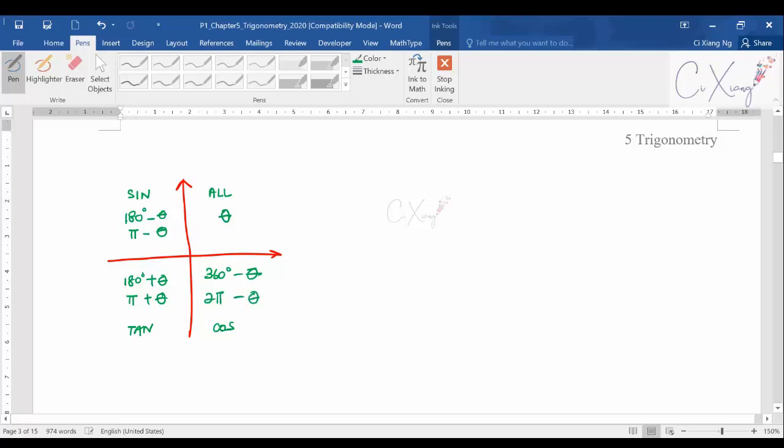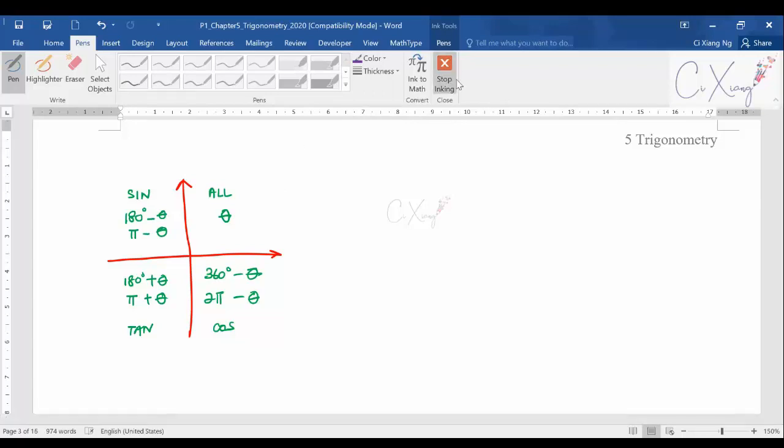Usually I will tell my students that you can try to remember all this. If you can, also try to memorize the triangle, because the triangle for every single quadrant will sometimes be quite helpful. Now I want to explain how you are going to find out the value without using a calculator.